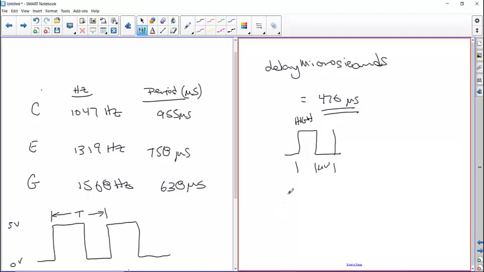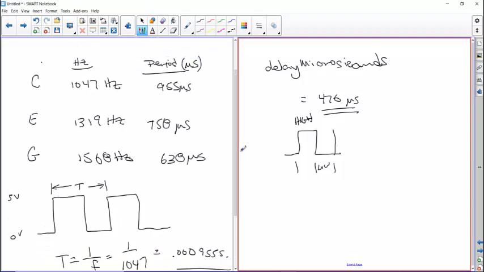Now, to actually play 1 second worth, the way you do that is you go through so many oscillations. And an oscillation is going to be a for loop. So, for example, for the note C, you would do for j equals 1; j less than 1047; j equals j plus 1.